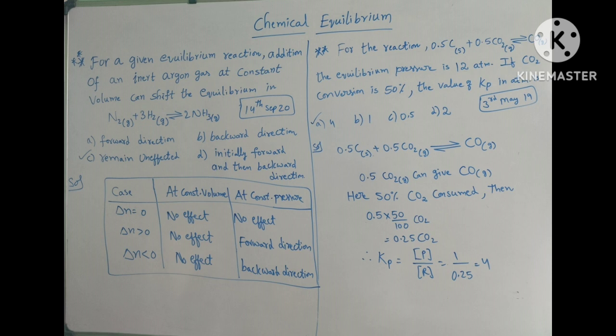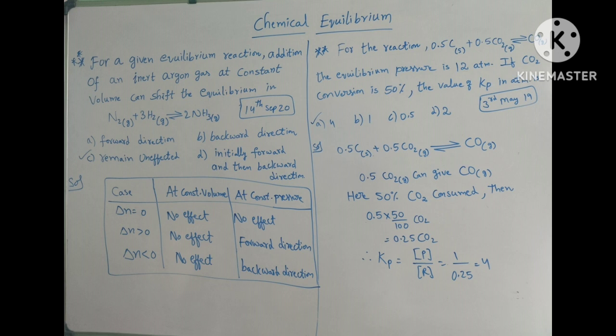So next, for the reaction 0.5 C plus 0.5 CO2 in equilibrium with CO, the equilibrium pressure is 12 atmosphere. If CO2 conversion is 50%, the value of Kp in atmospheres is. So you observe the reaction: 0.5 moles of C plus 0.5 moles of CO2 gives 1 mole of CO. Here 50% of CO2 is consumed.